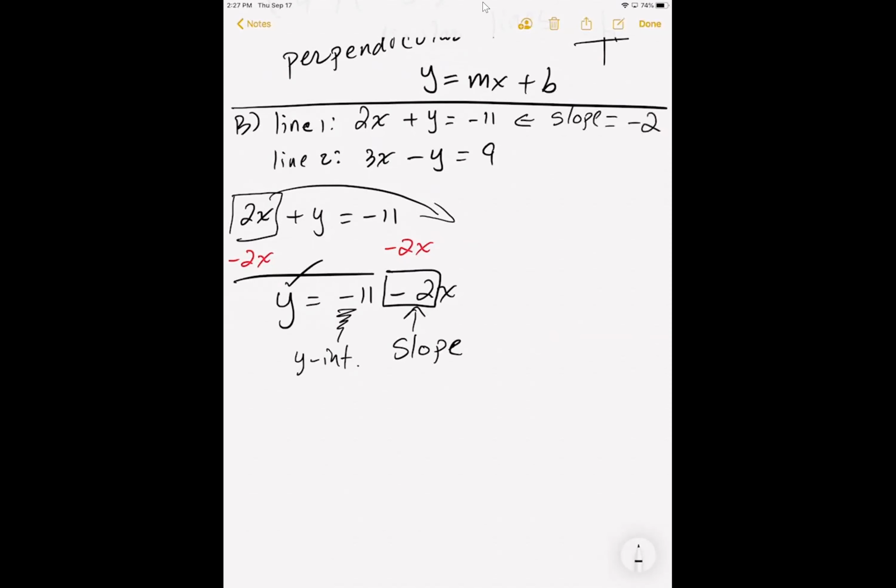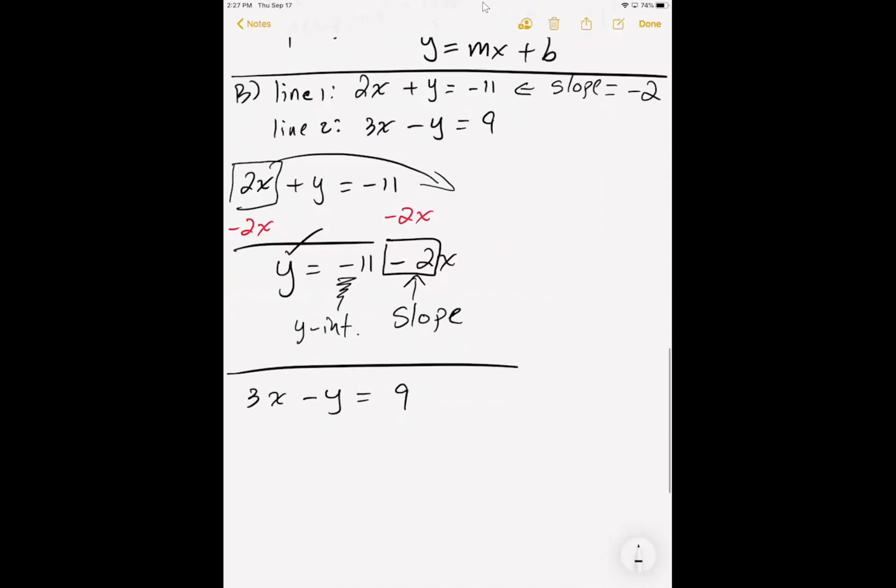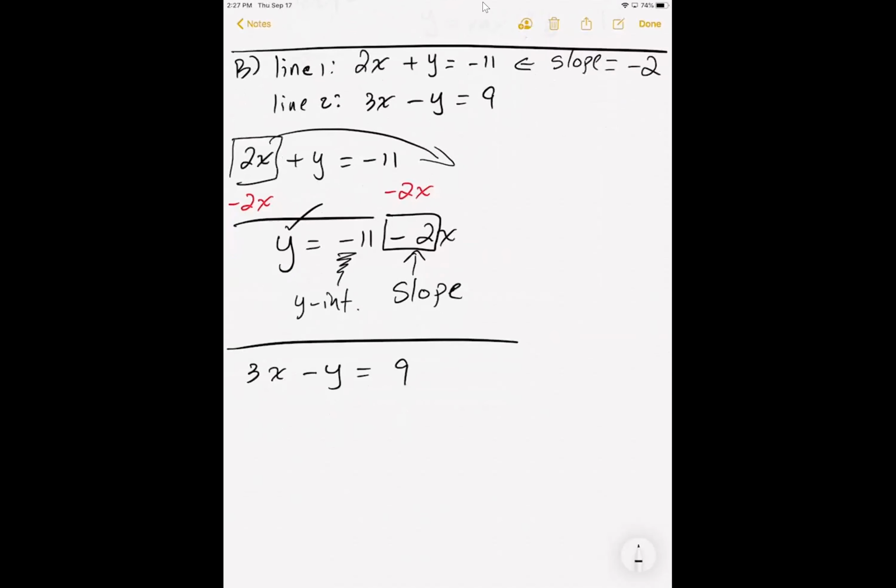In order for the second line to be parallel, its slope needs to be negative 2, okay? And hopefully you already see that line 2 is not the same. How do we see that? Do you agree that I need to move my 3x to the other side?